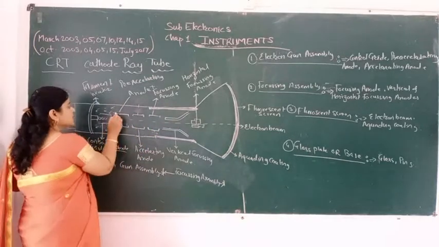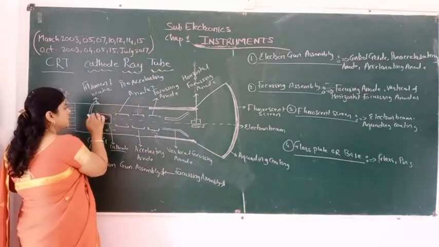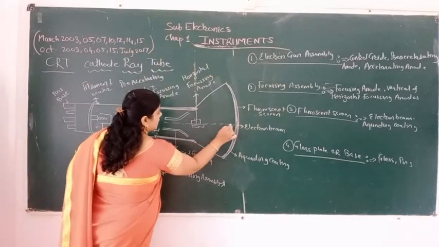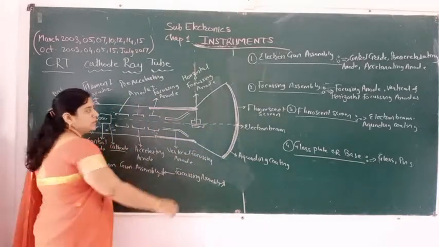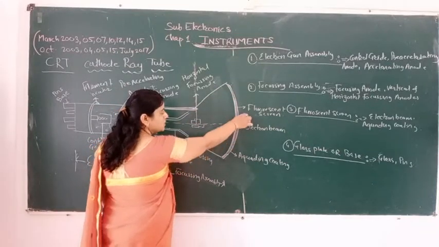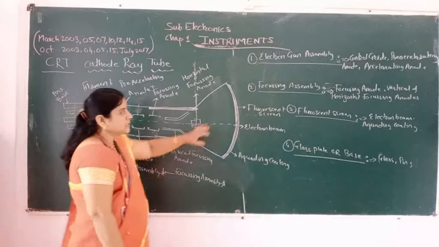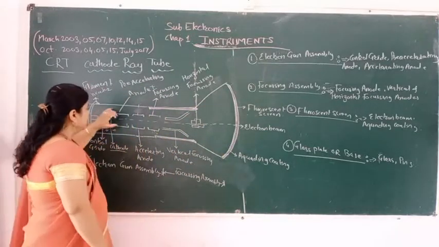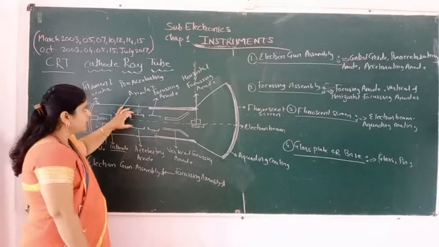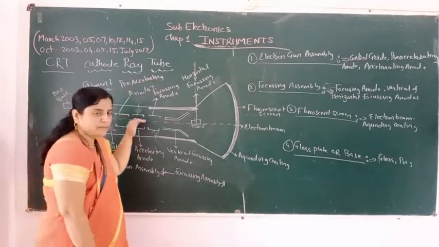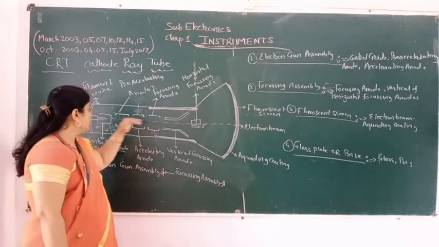Electrons will flow like this with high speed and strike on this screen. Which screen is this? This is the fluorescent screen. So it gives the path as well as acceleration, meaning it gives speed to that beam.